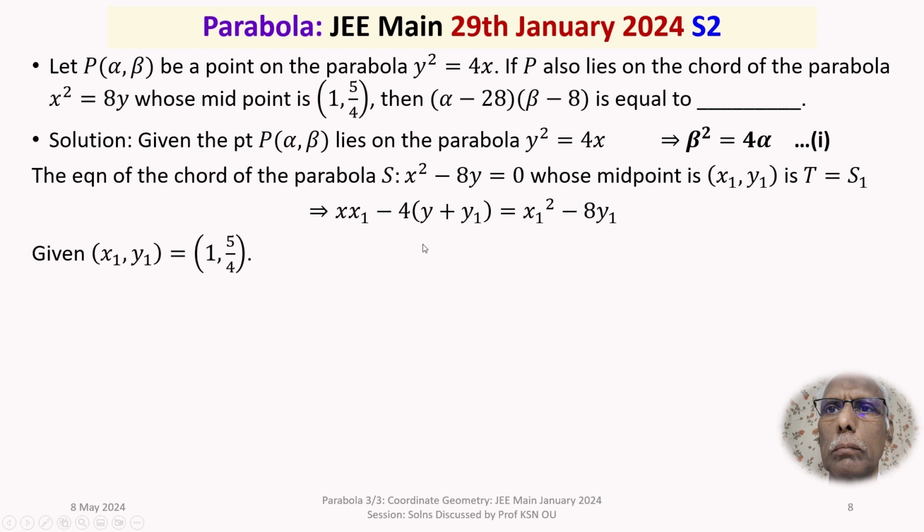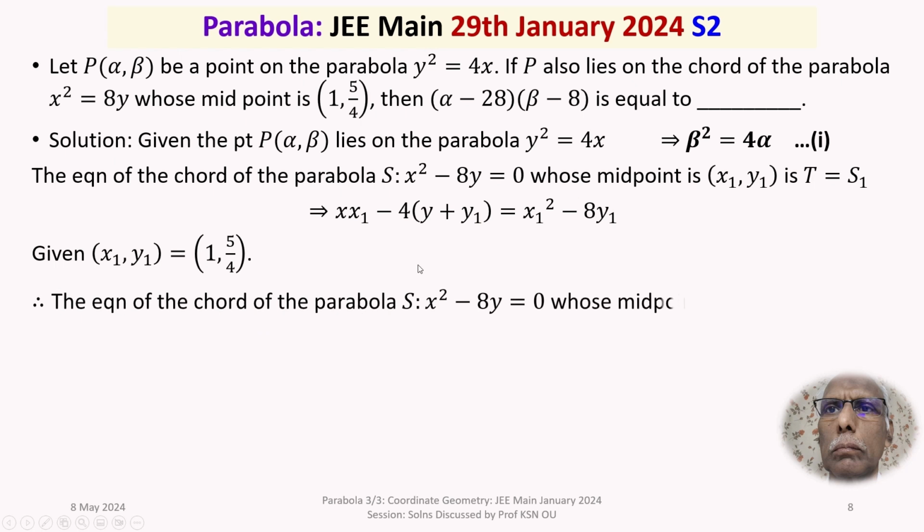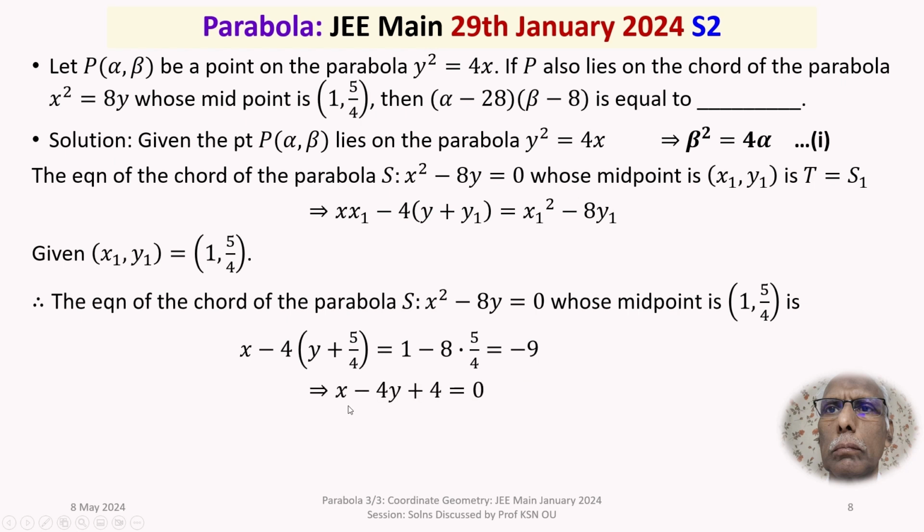So in the above equation, substitute x1 is equal to 1 and y1 is equal to 5/4. Then the equation of the chord of the parabola whose equation is x square minus 8y is equal to 0, whose midpoint is (1, 5/4), simplifies to the chord x minus 4y plus 4 is equal to 0.